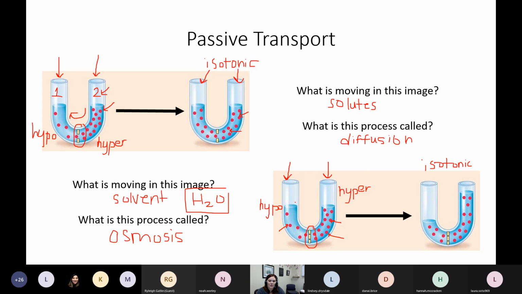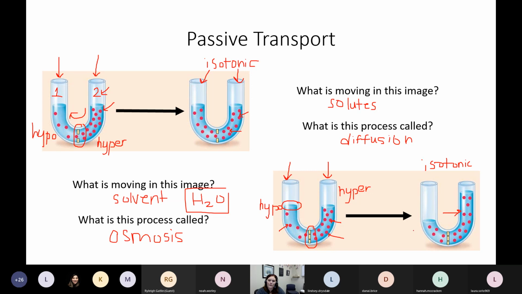Well, my water molecules that are living over here on this side of my tube, they're like, I don't bump into those little red dots nearly as often as my water droplet friends on the other side of the membrane. So the water molecules on this side say, you know what? I'm going to go next door where I can find more solutes.